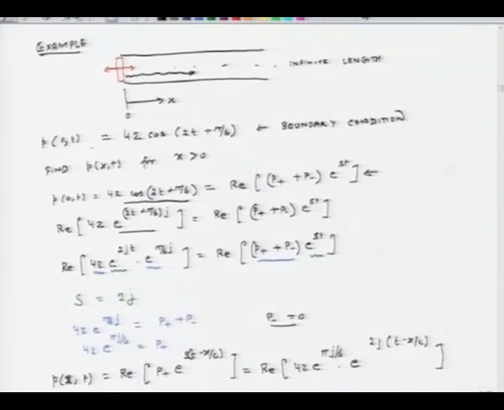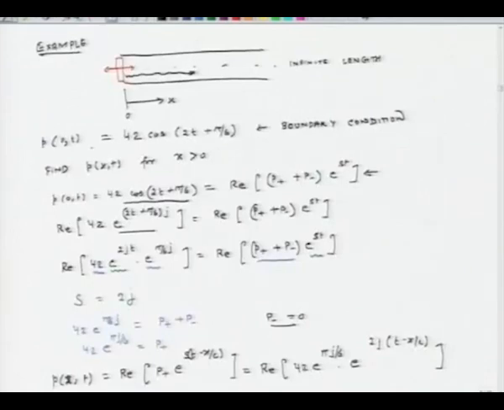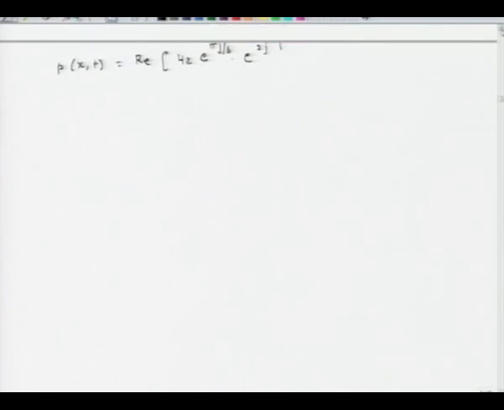So, now I will go one further step, simplify it and take its real component. Moving on to the next page, I will just rewrite the original equation. P(x, t) is real of 42 e to the pi j over 6 times e to the power of 2j(t - x/c).